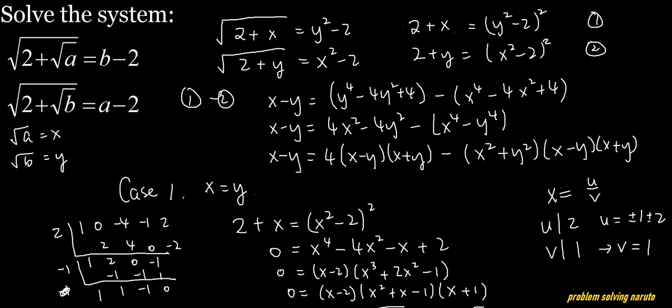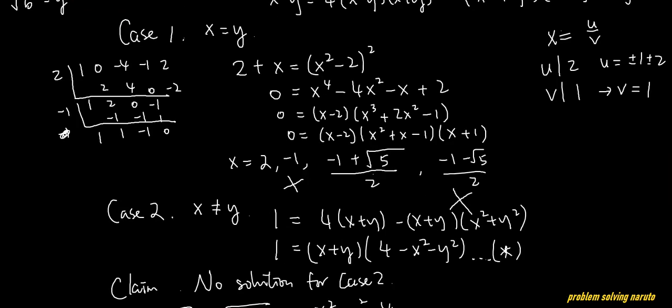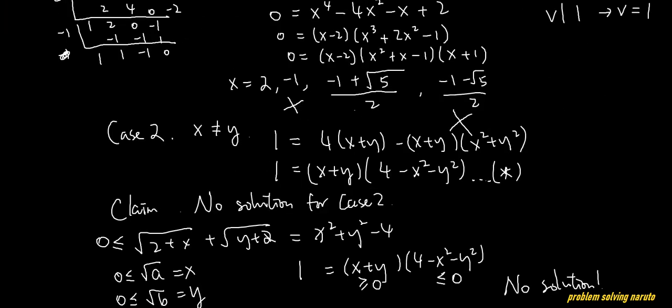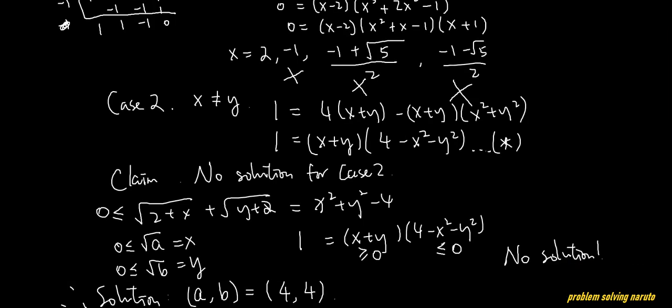So the square root is 1.6 something. Y squared is 0.6 something. Squared is even smaller, 0.37 or 38. Minus 2 is negative. That's not possible. So this is not possible as well. So actually that is the only solution.